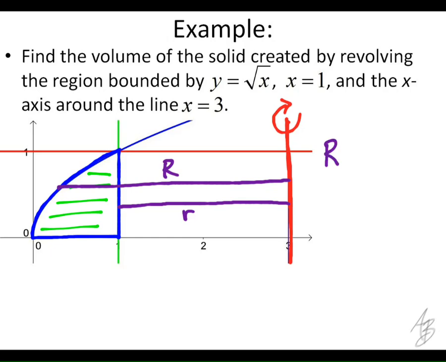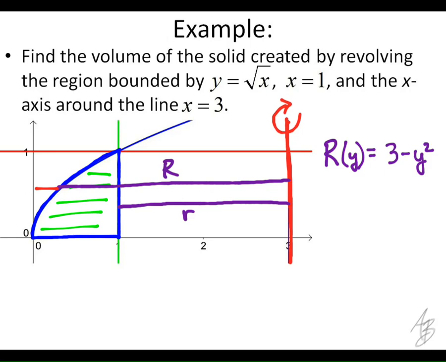Since we're slicing it horizontally, we're still going to integrate with respect to y. So with respect to y, what is our big radius going to be? It's going to be 3 minus y squared. And the reason is this distance right here, let me put that in a different color.